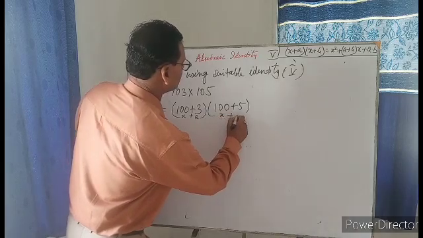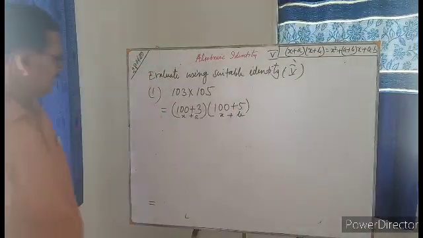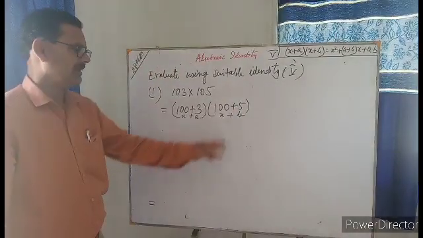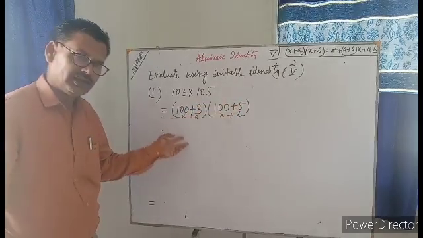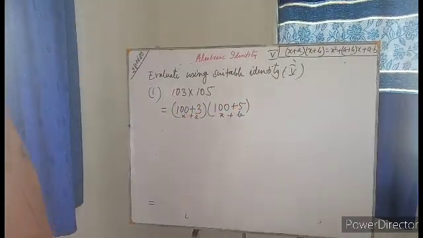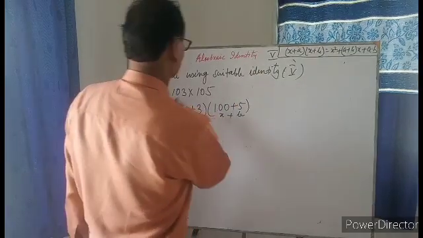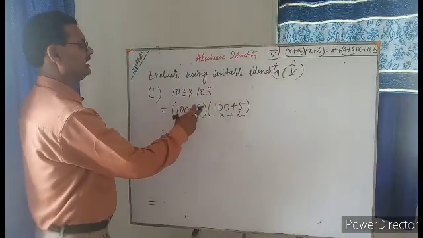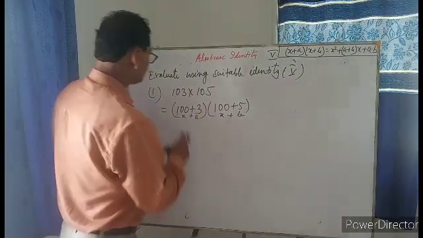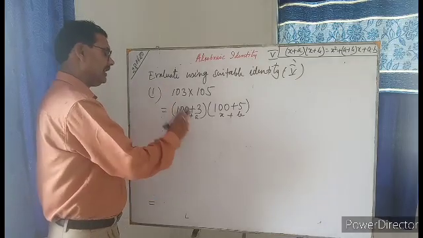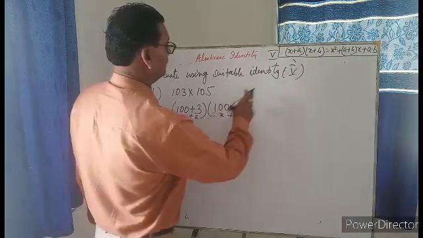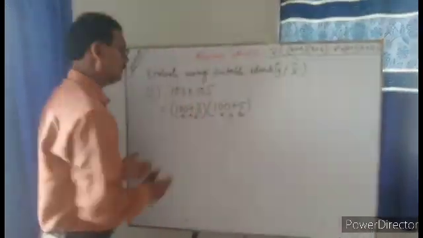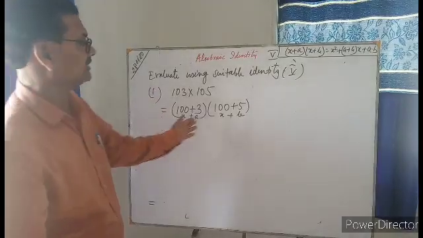And what is this? This. So a is 3 and b is 5 and x is 100. Now recall the formula. It is on the pattern x plus a into x plus b, where x is 100, a is 3 and b is 5.